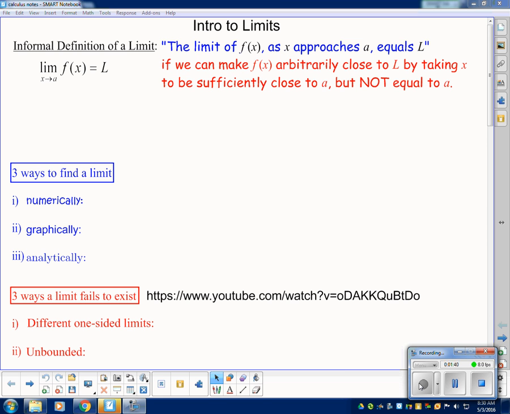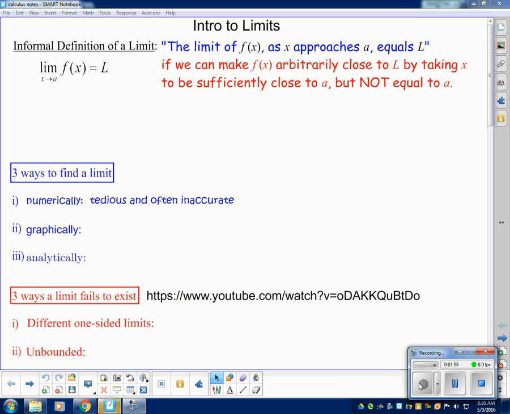So there are three ways to find a limit. One way is numerically. Remember when it said animate by 0.1 or animate by 0.01 or animate by 0.001? We had those three different options, right?